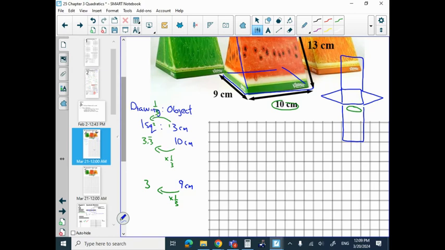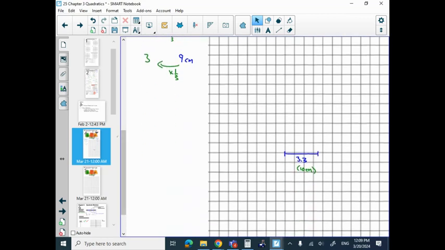So this one went in as 10 and the 3.3. This one's representing the 9 and the 3. 9 centimeters, 3 squares. So on my net, down here, I can go up 3 squares. Something like that so far.